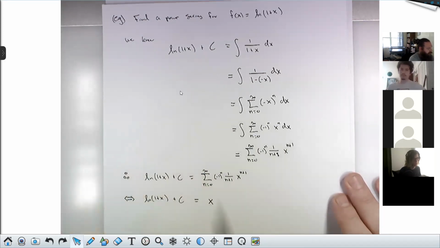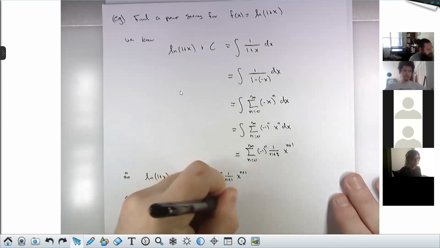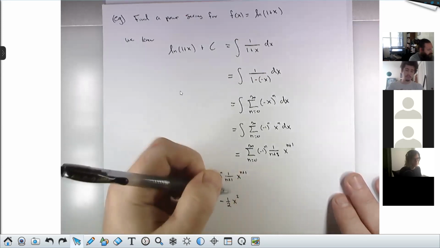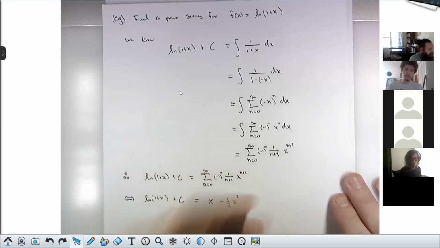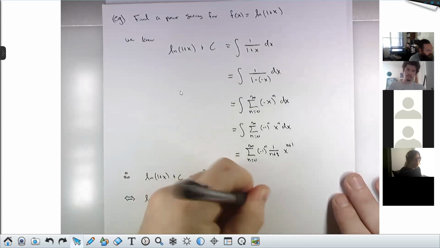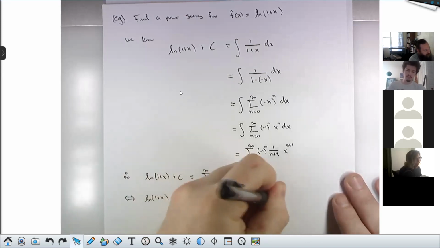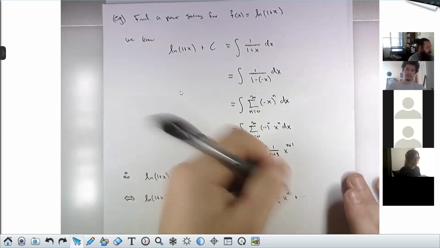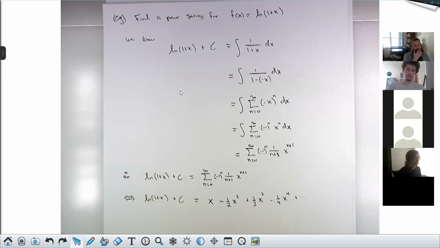When n is 1, we have negative 1 times 1/2 times x squared, so that's minus 1/2 x squared. And then we have plus 1/3 x cubed minus 1/4 x to the 4, and so on. So these are the first few terms of that power series, written out in the sigma notation.